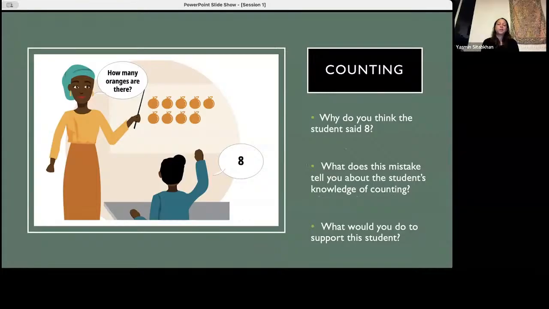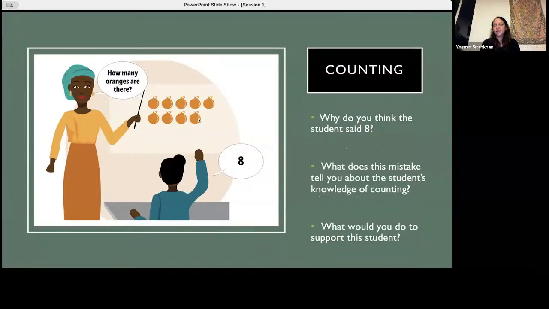Great. Thank you. Yeah, those are great suggestions. And what we know that young children often do when they're learning how to count, right? We talk about it as a mistake, but if this is a first grader, it's part of the learning process, right? This child might have gone 1, 2, 3, 4, 4, 5, 6, 7, 8, right?